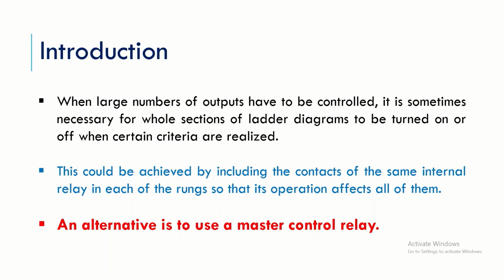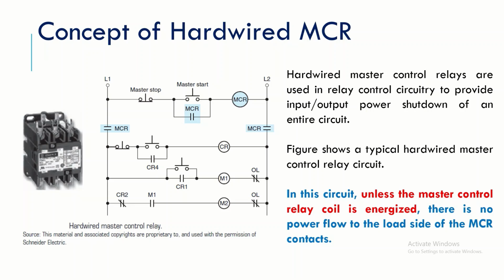The best alternative that can be used is a master control relay. So you see, this master control relay is actually a hardware concept. In PLC, it is the master control reset function. So first we will go into the concept of master control relay, MCR. Now you see that here there is a master start switch, master stop switch, and here is the MCR coil.